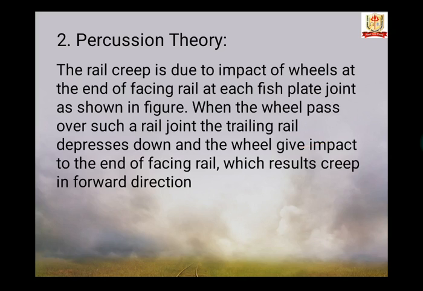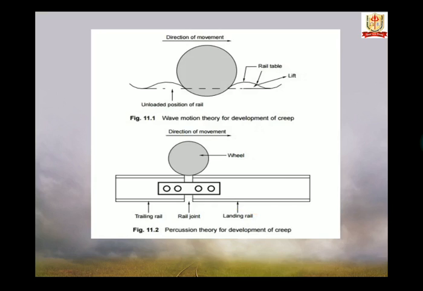Second is percussion theory. The rail creep is due to the impact of the wheel at the end of the facing rail at each fish plate joint. As shown in the figure, this is a fish plate.